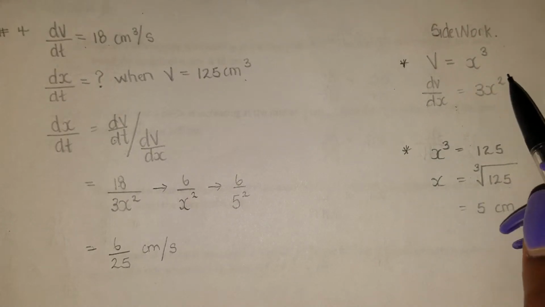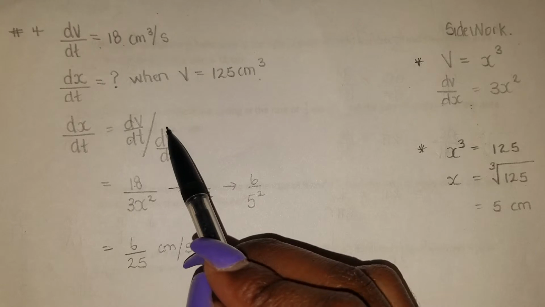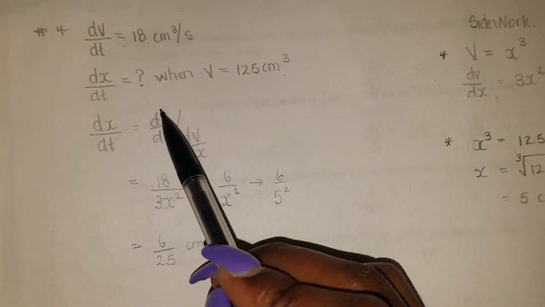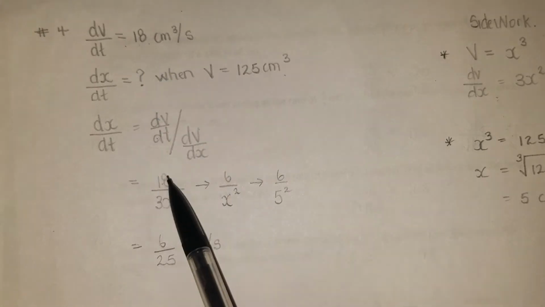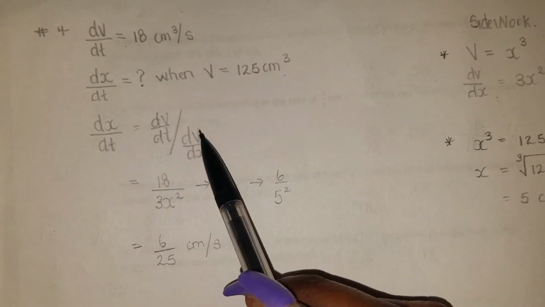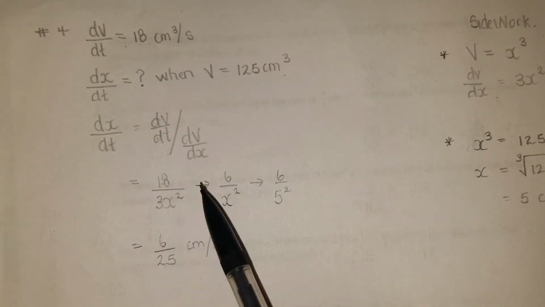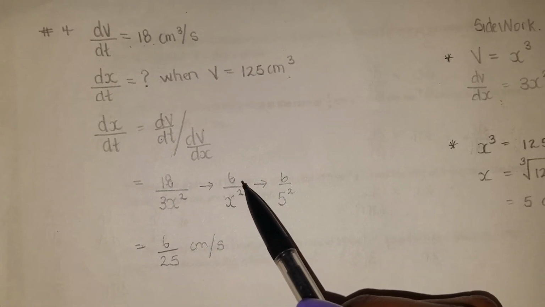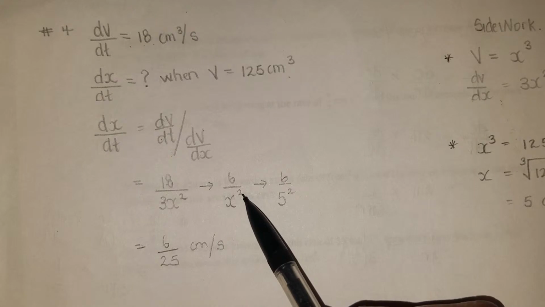So this 3x squared will get substituted in this position. So that's all we have. dV/dt is 18 over dV/dx, which is 3x squared. Simplified, 3 into 18 is 6, so we have left a 6 over x squared.